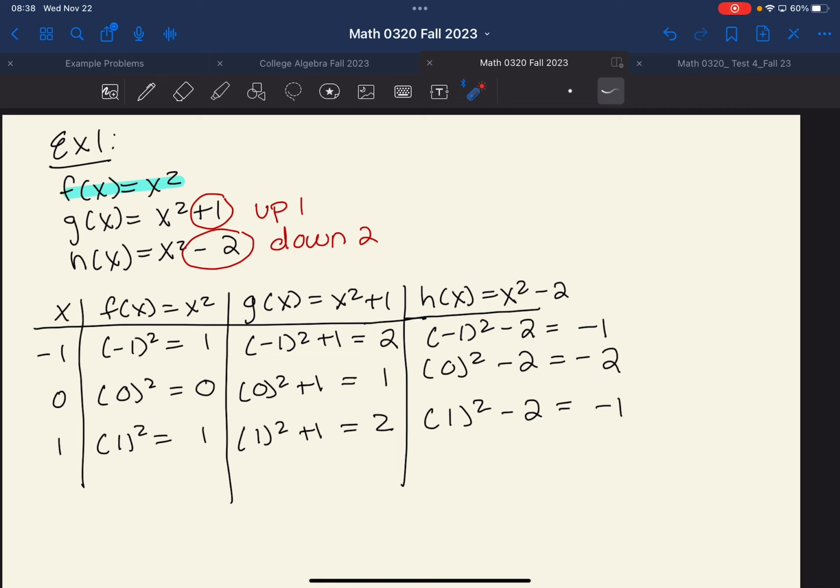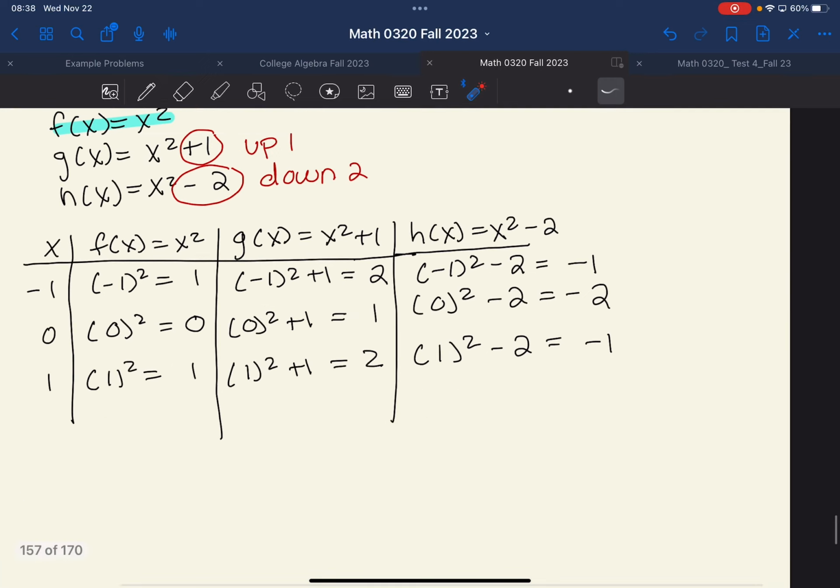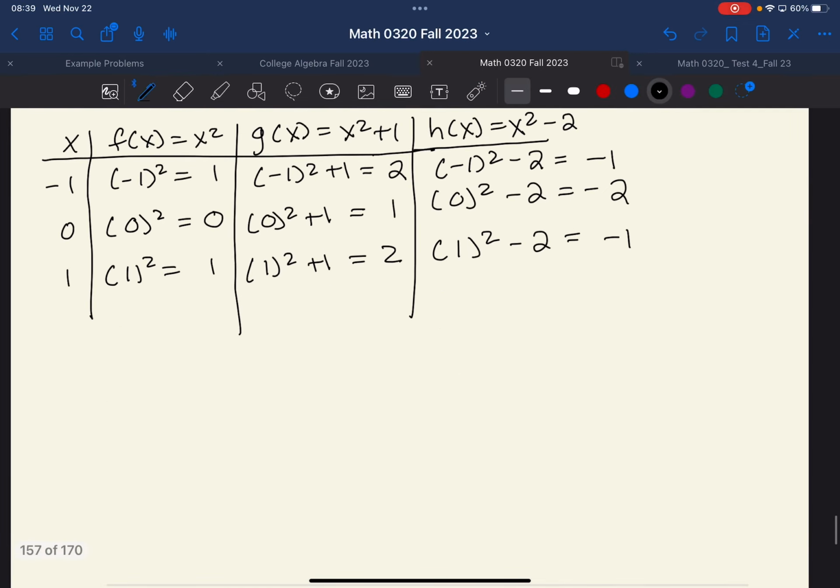Again, comparing our parent function to our new function, notice how this went down 2. So 1 to -1, 0 to -2, 1 to -1. It went down 2 units. Okay, so we see that on the table. Now let's go ahead and graph that and see that on the graph.